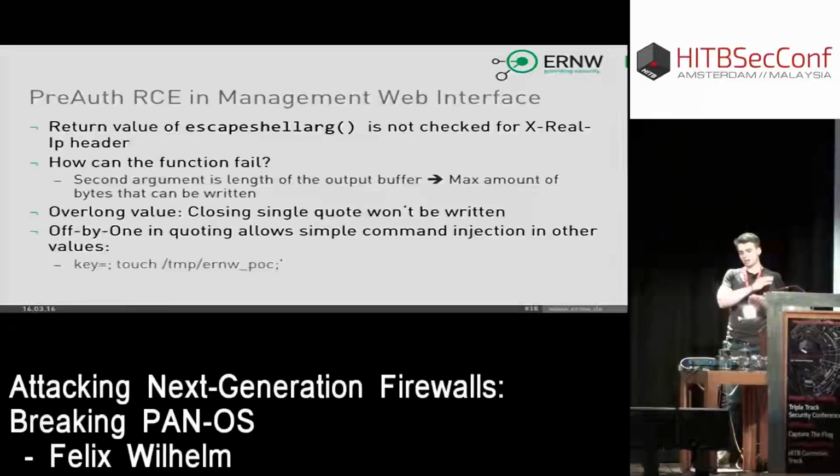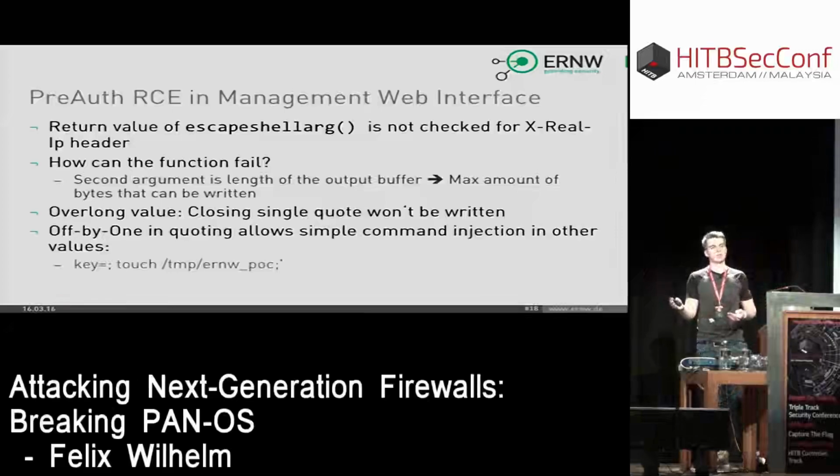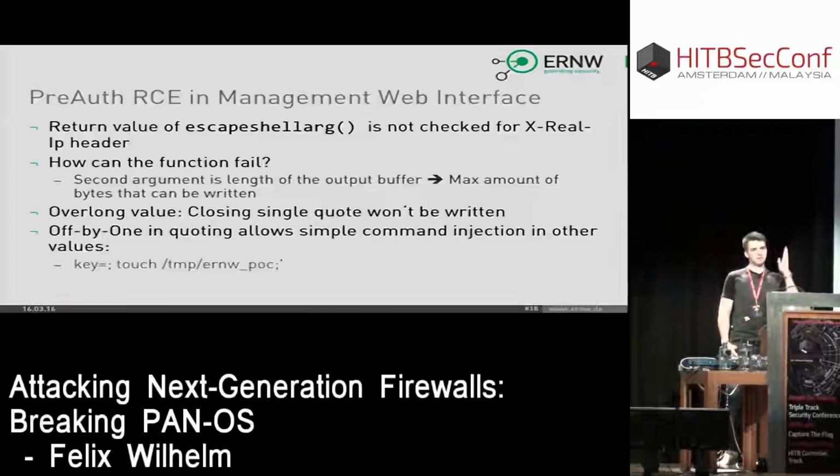So they start with a single quote, then your content comes, but they don't have enough space for the final single quote, and instead the function fails. But because this failure isn't correctly checked by the code, you have an off by one in quoting, which allows you really simple command injection.